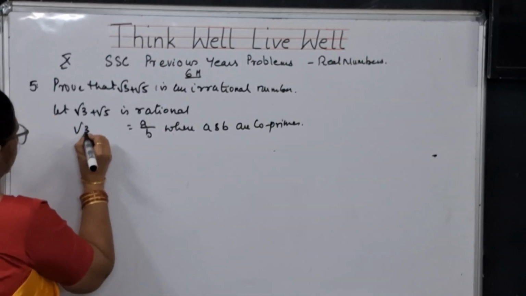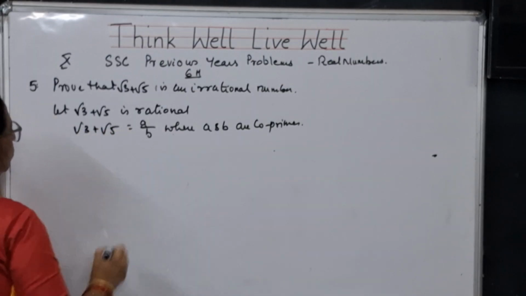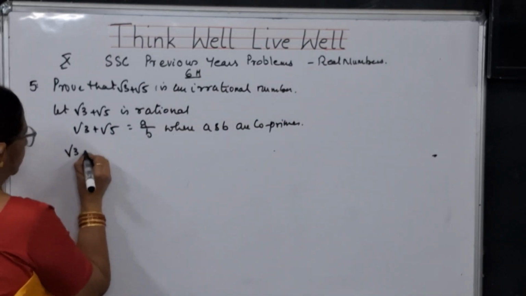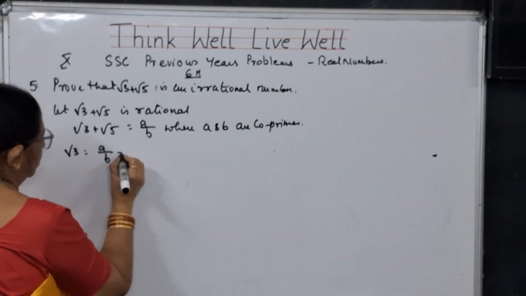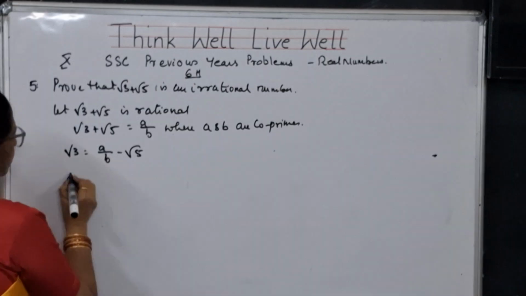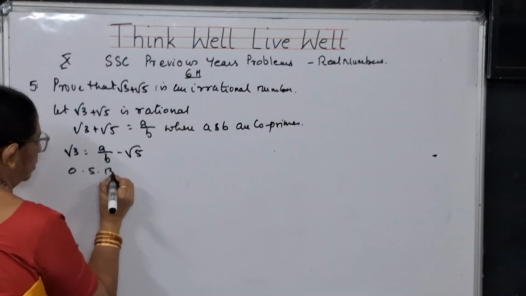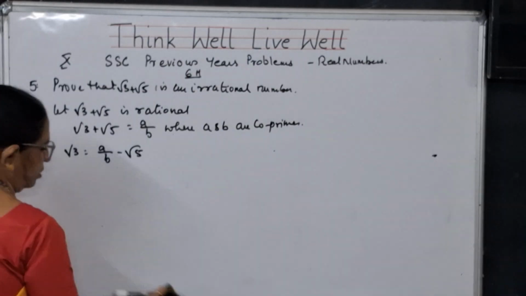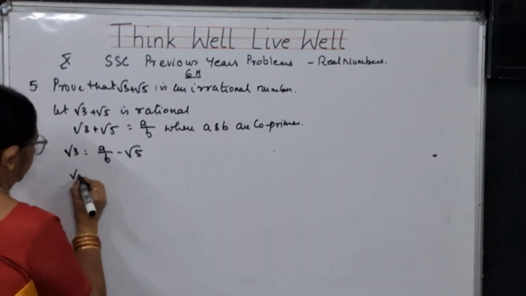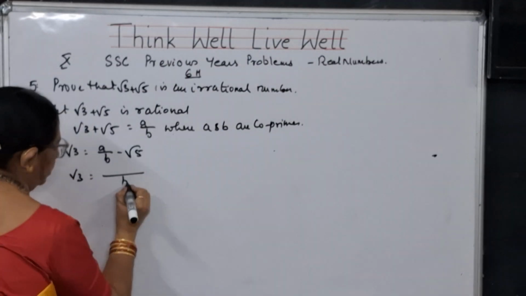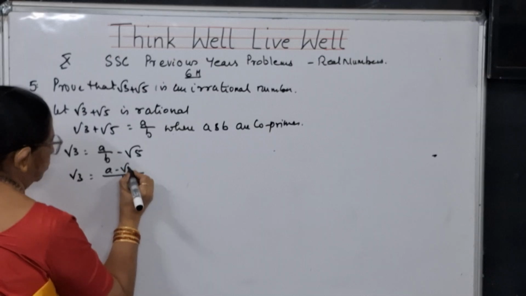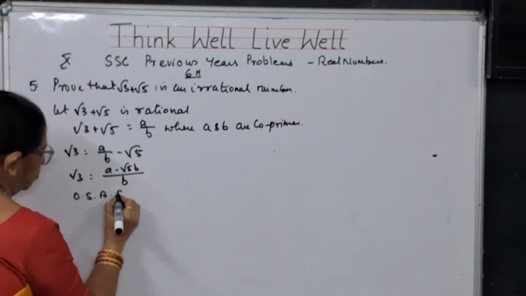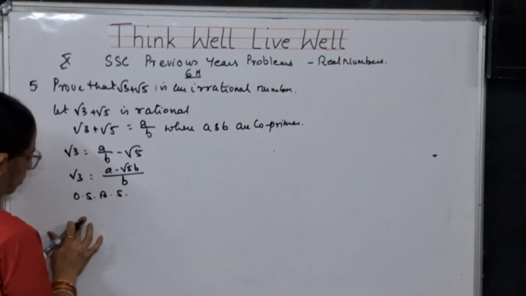That means root 3 plus root 5 is equal to a by b. So what is root 3? a by b minus root 5. Let me first take the LCM here. So root 3 is equal to a minus root 5 b by b.